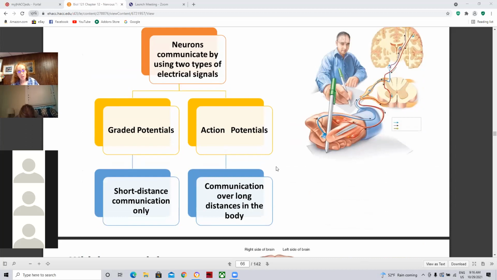There are two basic types of electrical signals: graded potentials and action potentials. Graded potentials work over short distances only. Action potentials are communication over long distances.